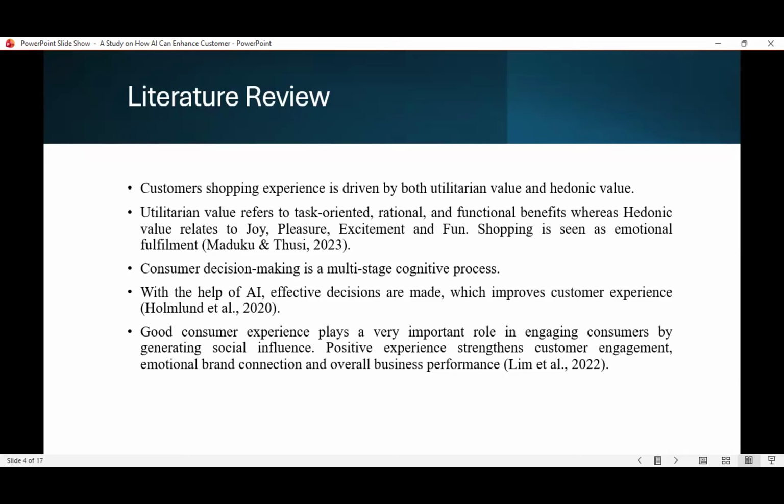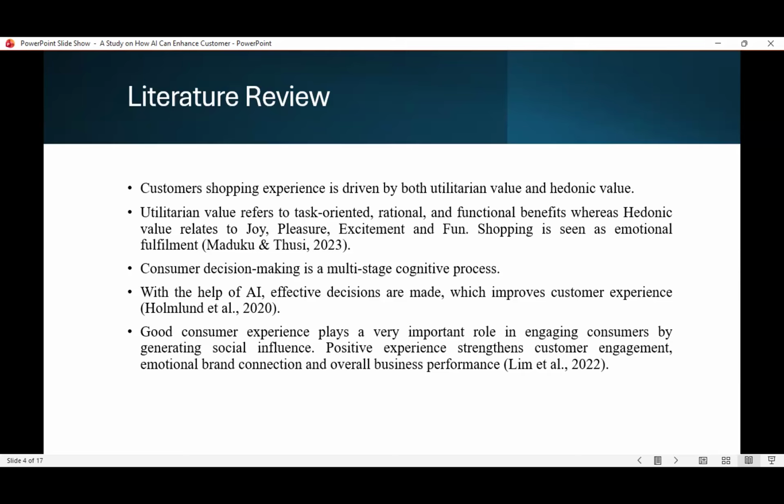We try to find the logic behind it, why we are purchasing this product. At the same time, once we have bought that product, we also try to feel satisfied with our purchase. That is the emotional part of our psychology. That is basically called your hedonic value.